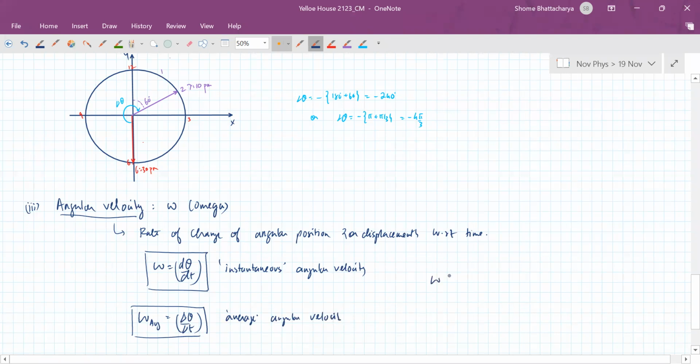And this is expressed in radians per second. That is the SI unit. And with the same sign convention. Clockwise is negative. Anti-clockwise is positive.